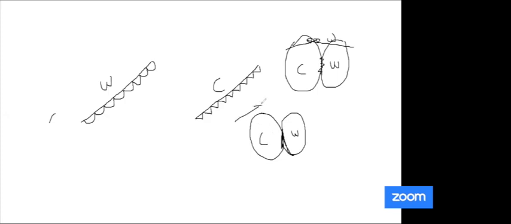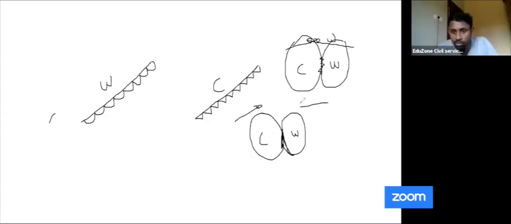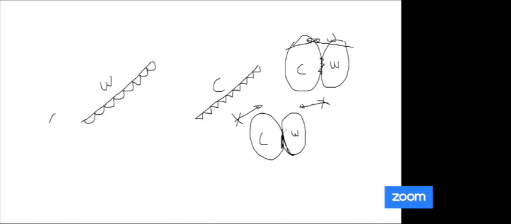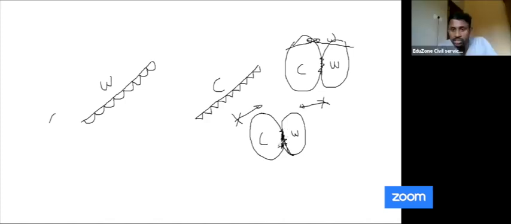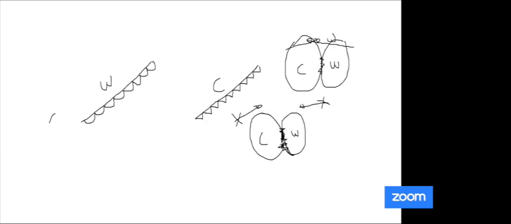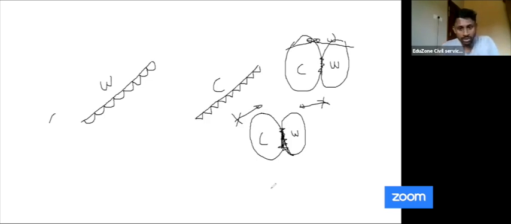Neither is this moving towards this side, nor is this moving towards this side. The cold air mass is stagnant here, the warm air mass is stagnant here, but they both are touching each other. Such a front is known as a stationary front.